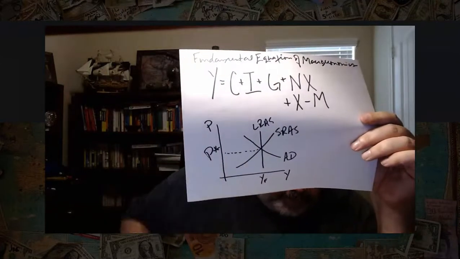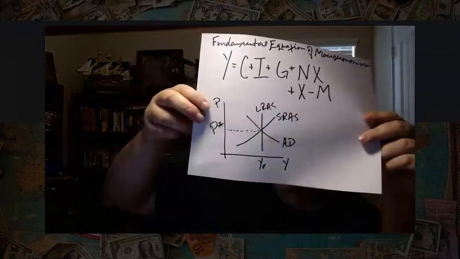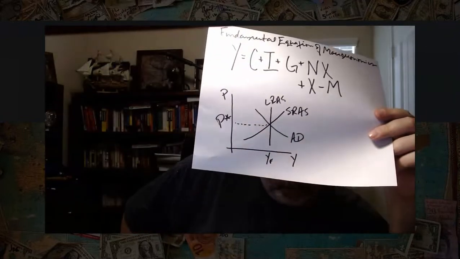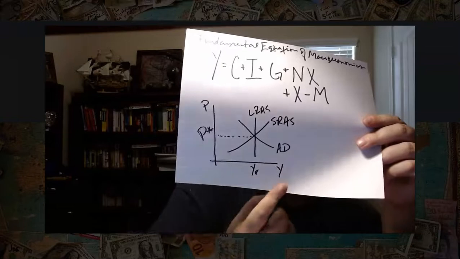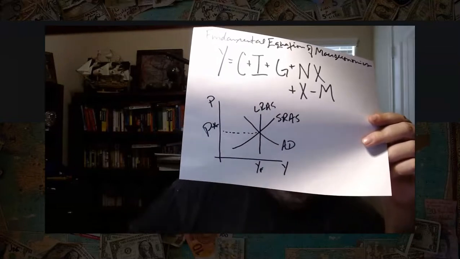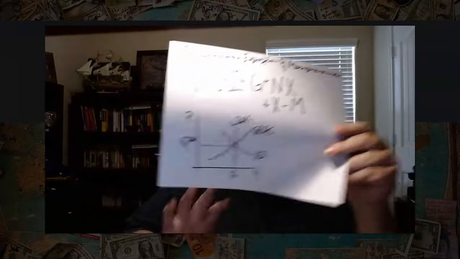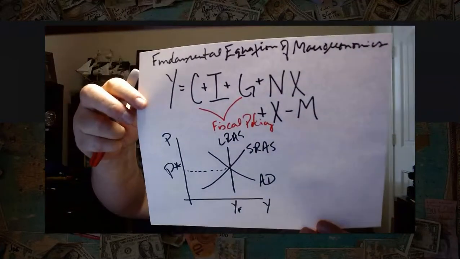We're going to be using this aggregate supply and demand curve model quite a bit. And remember that this is output. That is the same thing here. So why am I talking about this? Well, we're starting with fiscal policy today. Fiscal policy primarily affects consumer spending and government spending.